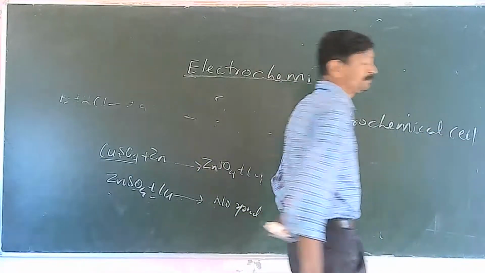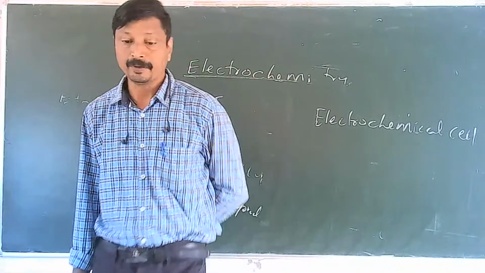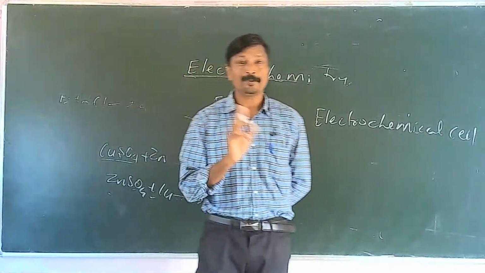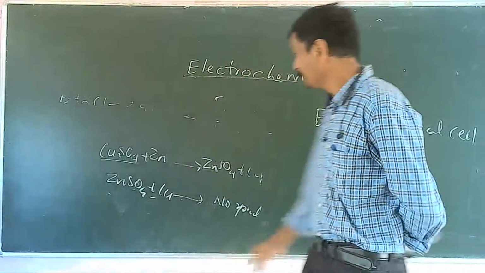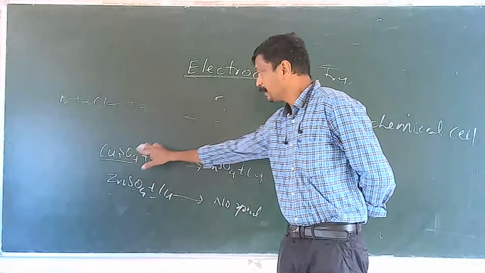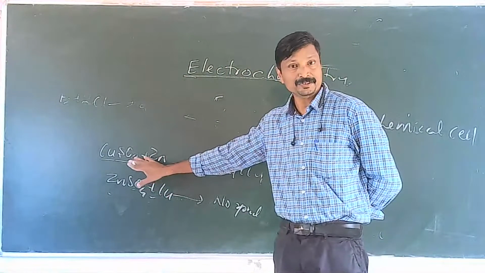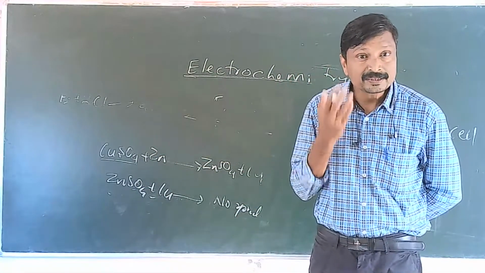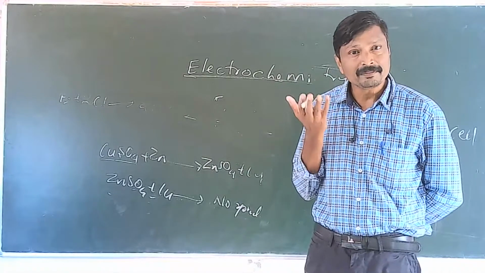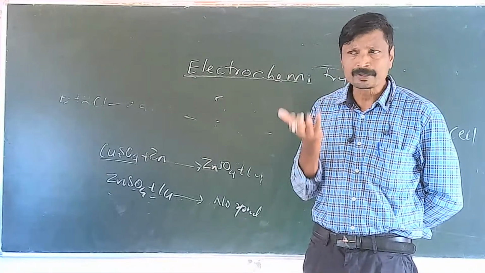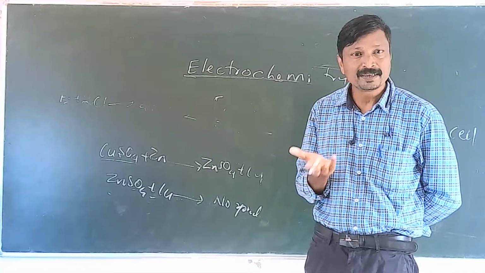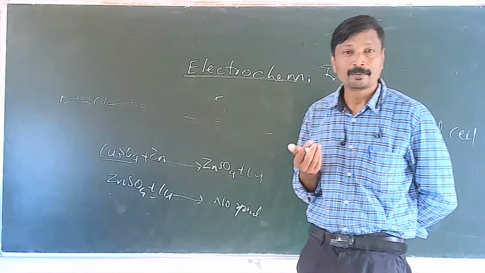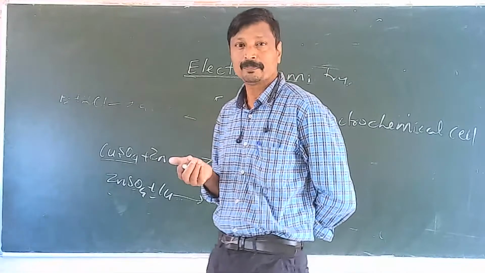Electrochemical cell. What are electrochemical cells? There are two types. Already we have studied the spontaneous redox reaction, where energy is released. Any spontaneous process in nature means its free energy is decreasing. Last year you studied this in thermodynamics.